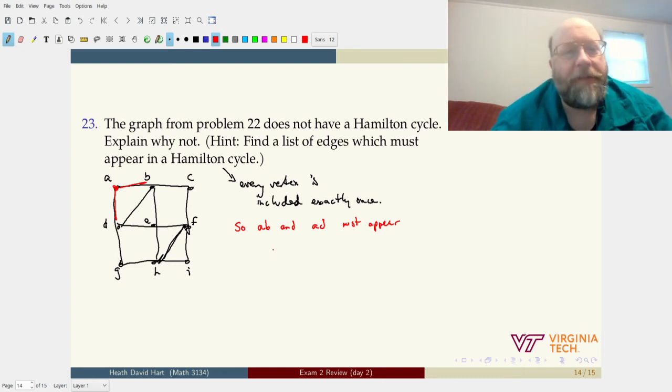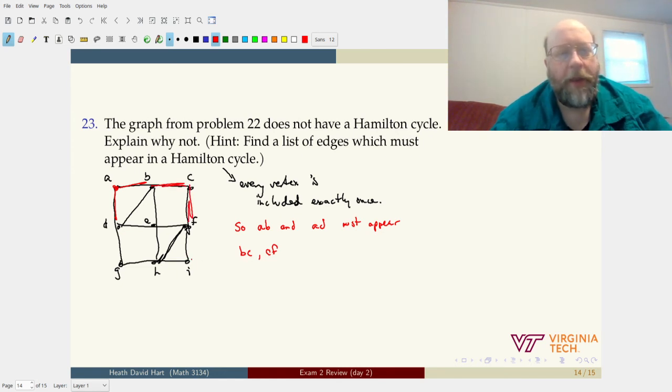Well, the only way to get to C is to use the edges BC and CF. And the only way to get to I is to use FI and IH. And the only way to get to G is to use HG and GD. These edges also must appear.